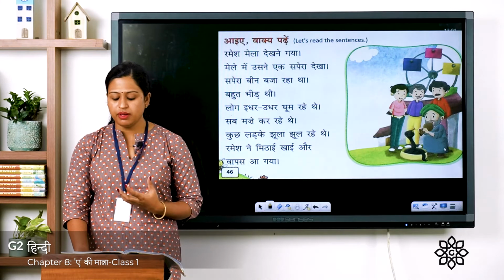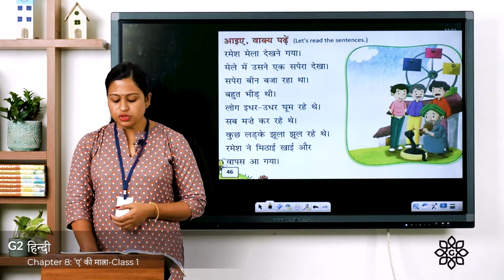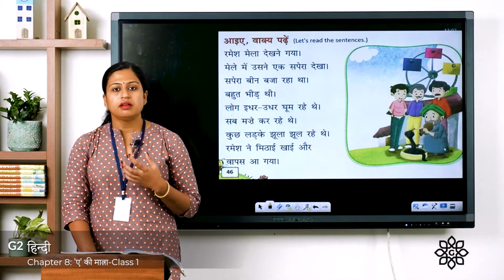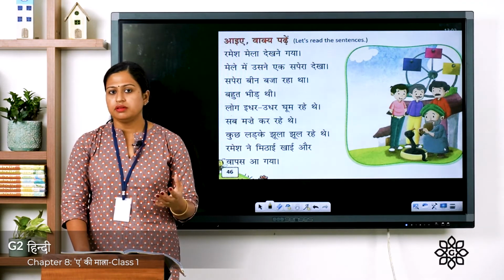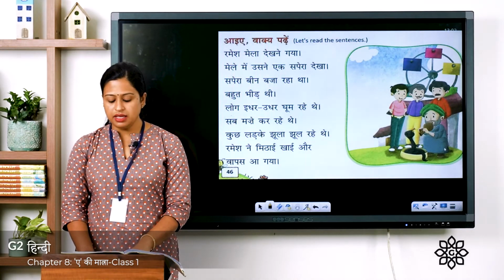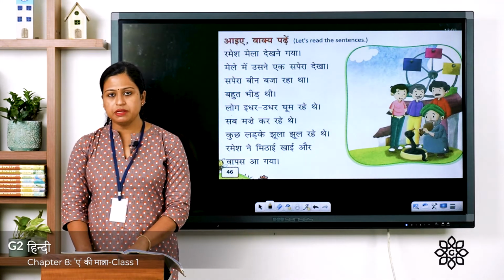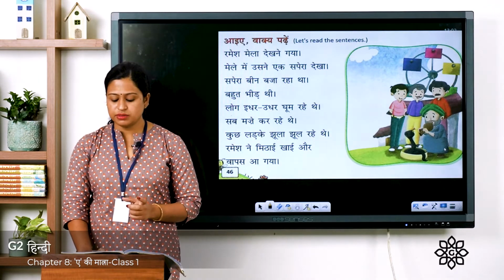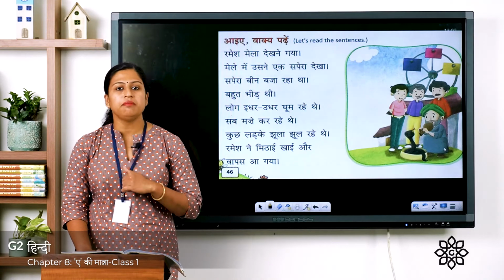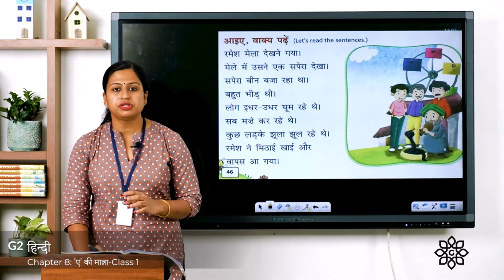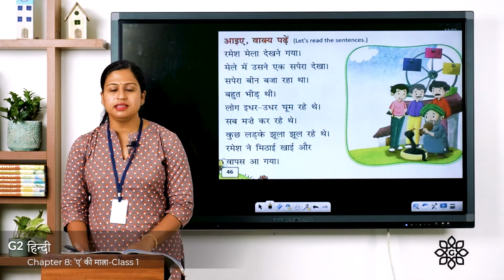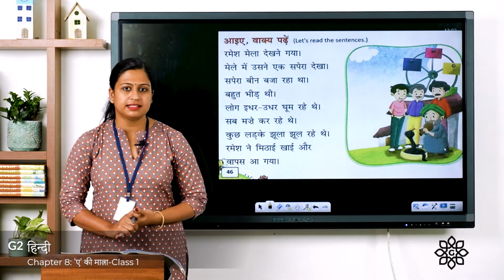So everyone were enjoying. कुछ लड़के झूला झूल रहे थे. Here कुछ लड़के means some boys. So some boys were swinging there. रमेश ने मिठाई खाई और वापस आ गया. मिठाई means sweet, खाई means ate. वापस आ गया means he came back. So Ramesh had some sweet and he came back home. This is the meaning of these sentences.